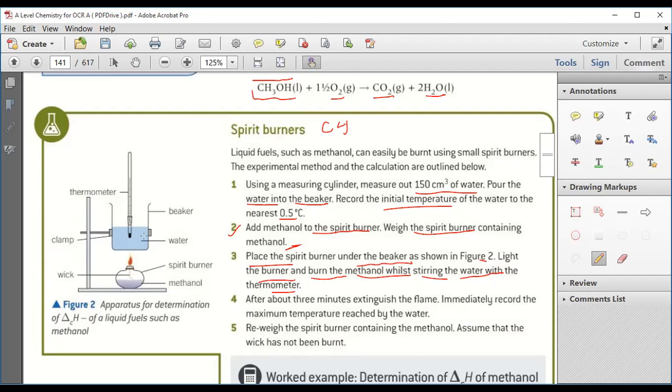Just place that particular burner under the beaker. Now light the burner and burn the methanol, whilst stirring the water with the thermometer. With the help of the thermometer you can just stir the water.